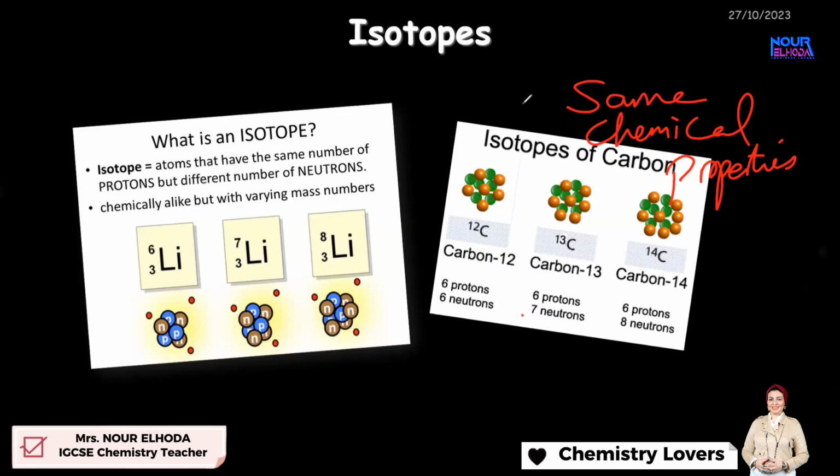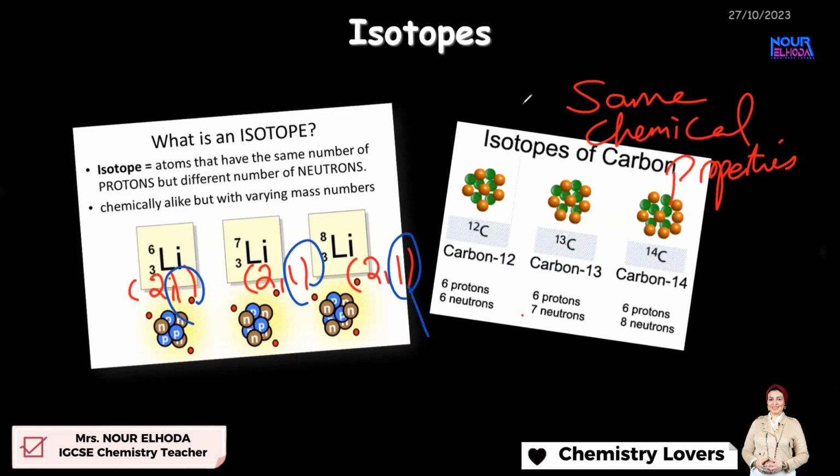For example, lithium has 3 electrons, 2 and 1, and here also 3 electrons, 2 and 1, and here also 3 electrons. Next week we will know that lithium is always losing electrons, because it has 1 electron in the outer shell. This is what we will learn next class.